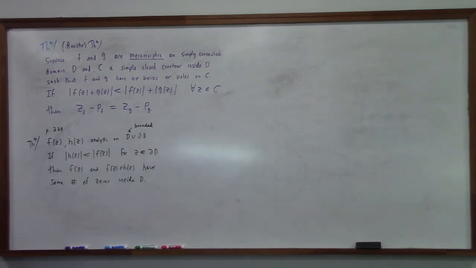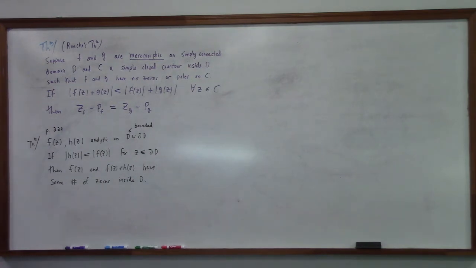Let's see here, I'm trying to bridge the gap. F and G are meromorphic. What is H as it relates to F and G, do you think? Or does it even make sense, with F being used in a different sense here and there?